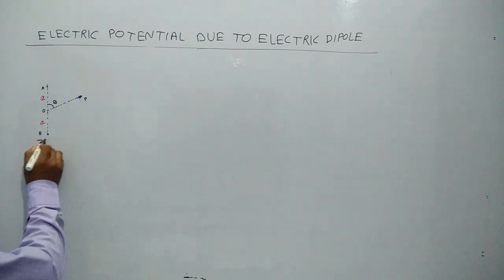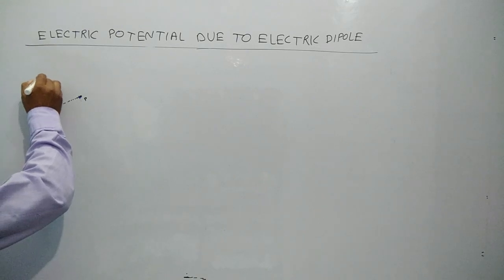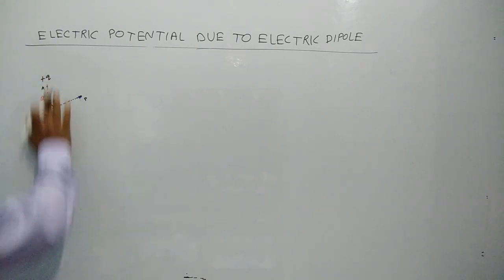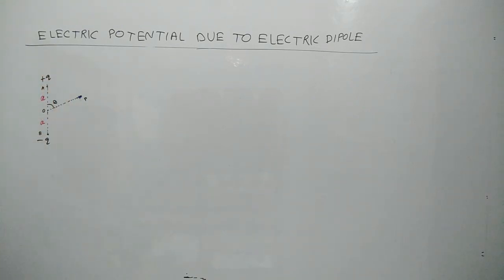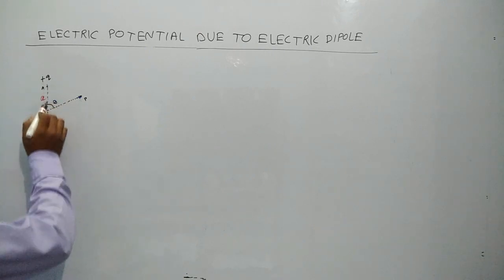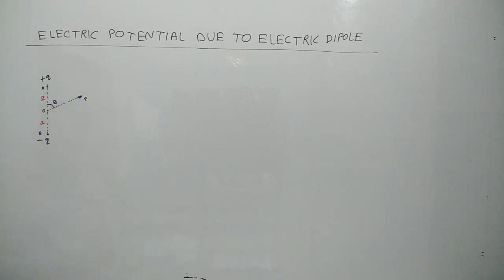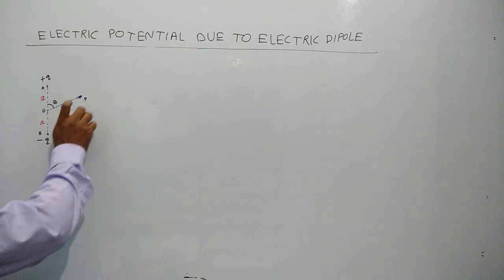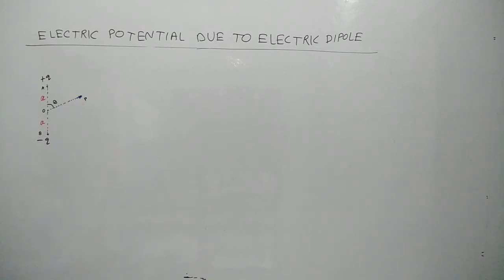and here is the minus q charge, here is the plus q charge, separated by a small distance 2a. This is the distance r1 from point A to P, and P is the point where we want to find the electric potential.